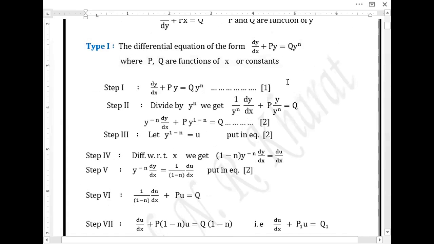In a similar way, type number 2 is here. Instead of dy upon dx, it is dx upon dy plus px is equal to q into x raised to n.